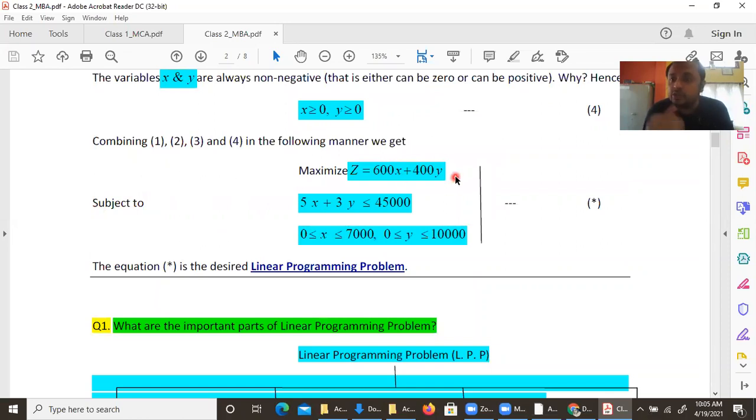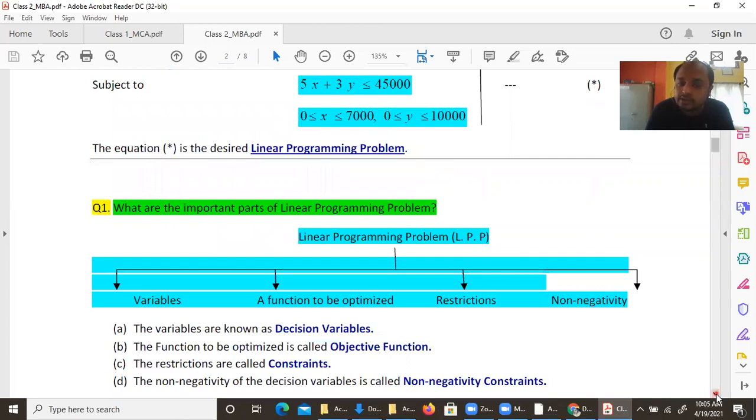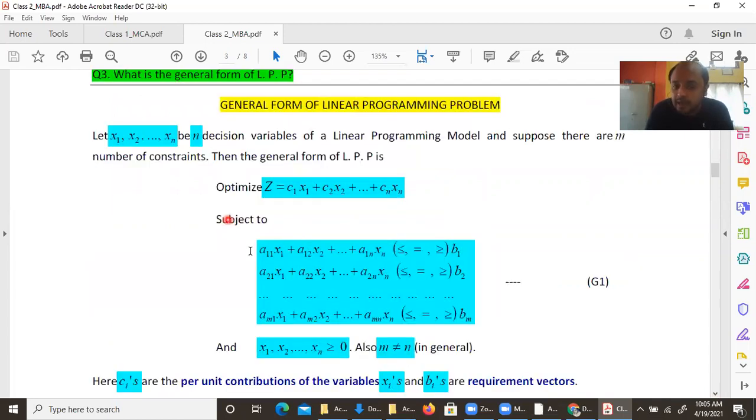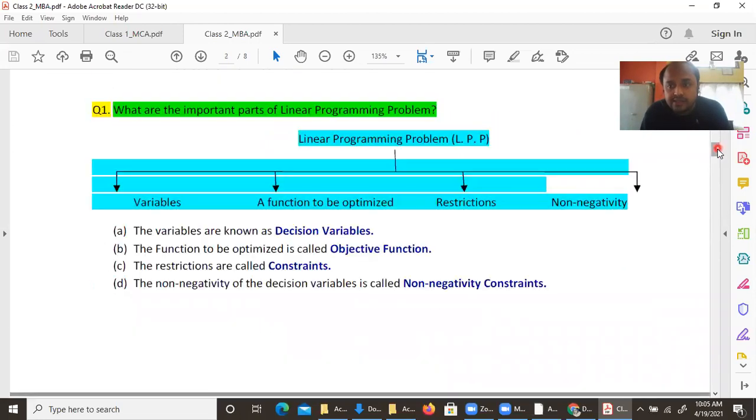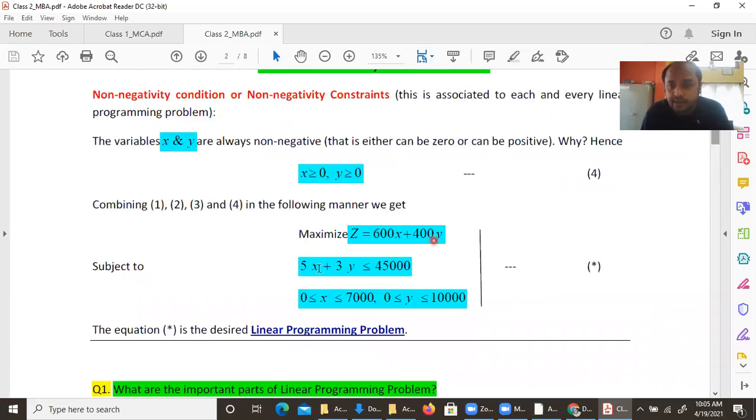This objective function will be maximized or minimized subject to the following constraints. So this is very important. In the general case also I have mentioned subject to. In the inequations here, the coefficient of x was 5 and the coefficient of y was 3, and on the right hand side some number was present. Here, the coefficient of variable x is 1.